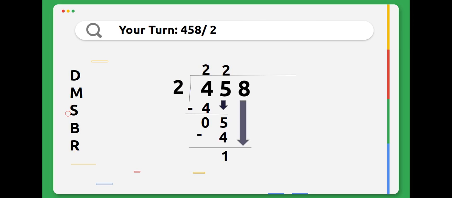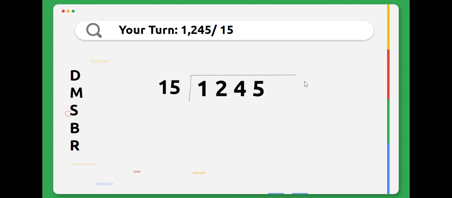Brother's going to bring down the 8. Now you have 18. Rover says, go ahead and repeat. 2 goes into 18 9 times. 9 times 2 is 18. Subtract that. I get 0. No new numbers to bring down. Rover says we're done. So my answer was 229. Great job.